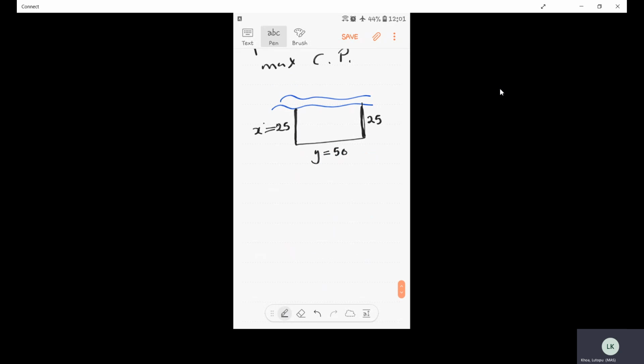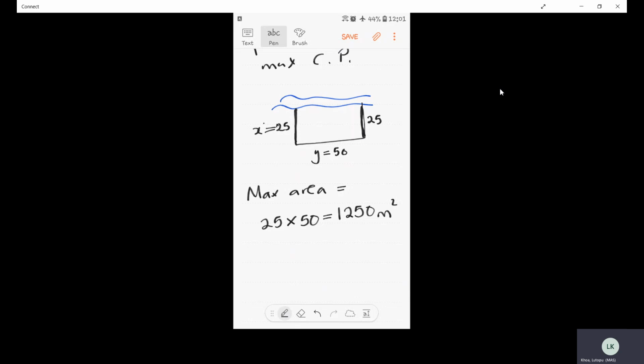Okay, so we can also calculate what the maximum area will be. So our maximum area will be 25 times 50. And this is equal to 1,250 meters squared. Okay, so that is the maximum area.